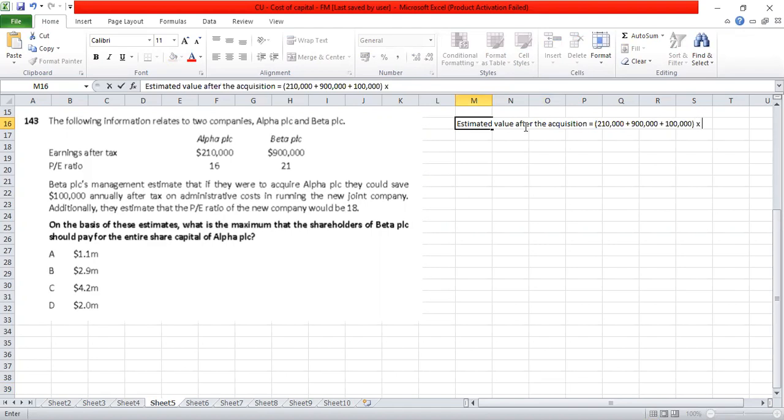All of them have to be multiplied. This is the total earnings into price earnings ratio. So after the acquisition happens, the price earnings ratio is anticipated to be 18 times. So into 18. Tell me how much would that be?